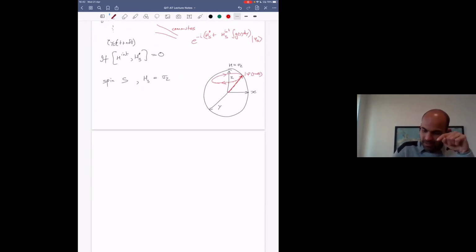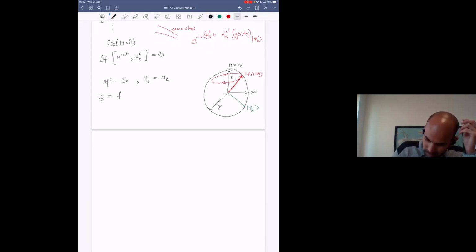Now imagine that I want to do the unitary U_S that rotates around the x-axis. So I want to take this state here to the state on the other side of the x-axis. I want this to be psi final. U_S is just that unitary, I'm not going to write it down.